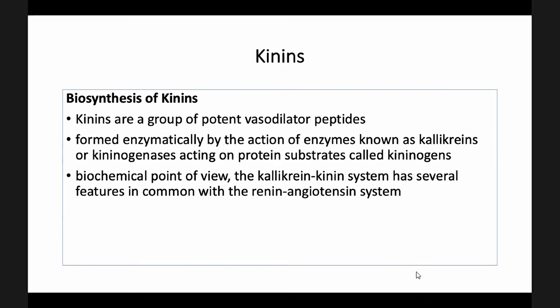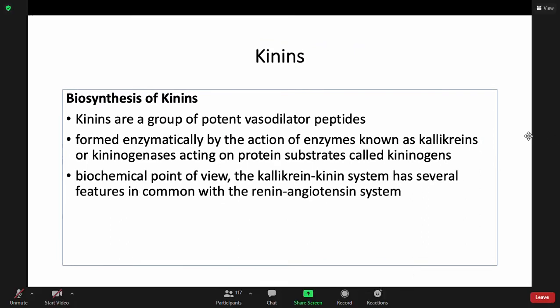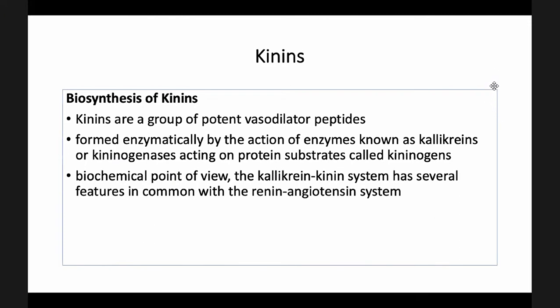Kinins are a group of potent vasodilator peptides. They are formed enzymatically by the action of enzymes known as your kallikreins or kininogenases acting on your protein substrates called kininogens.